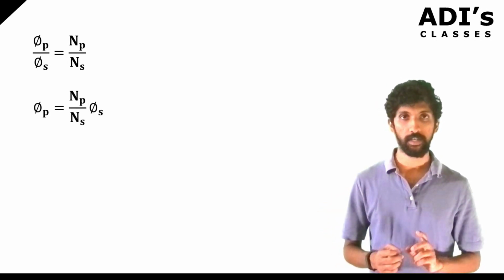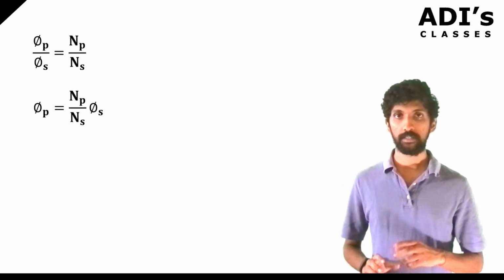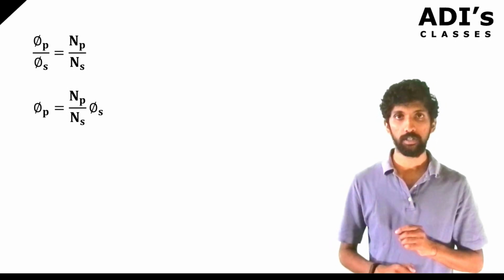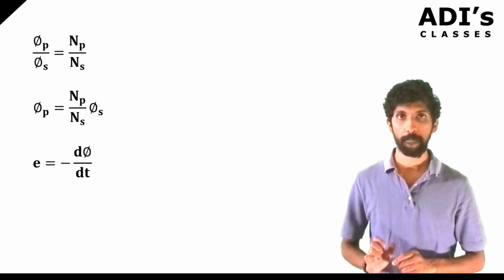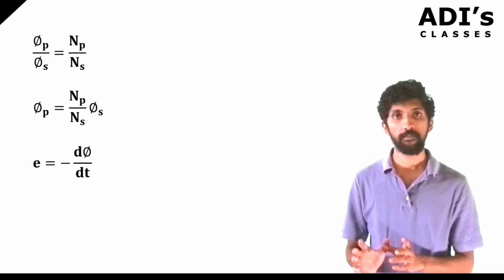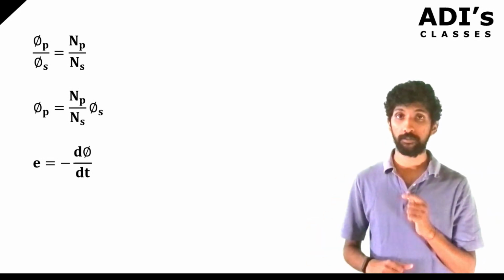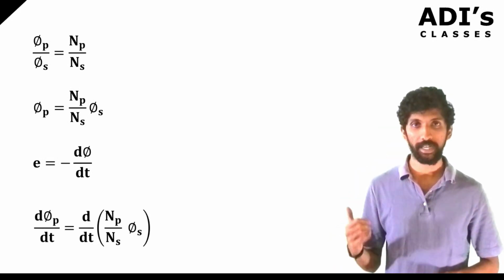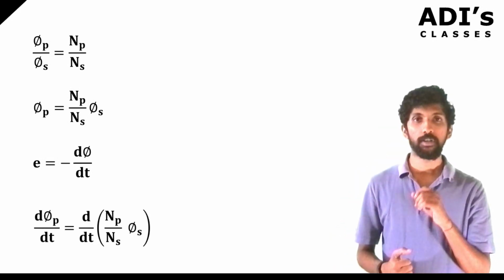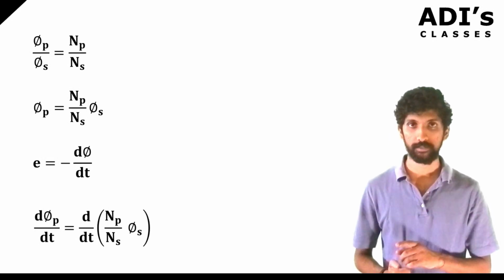If you remember, in the previous chapter on induction, we had E is equal to minus d phi by dt, right? So we have this equation phi p is equal to np by ns into phi s. Now we differentiate that. d phi p by dt is equal to d by dt of np by ns into phi s.